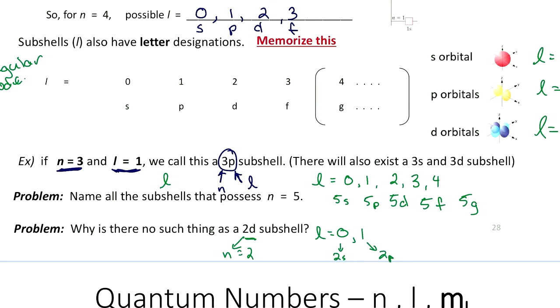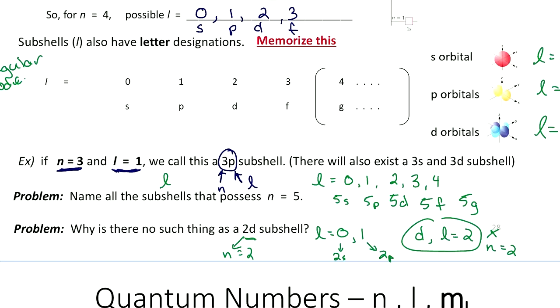That's it. The reason a 2D subshell does not exist is because D is related to L equals 2, and that's not possible for an n equals 2 electron, because of the rule that all the possible L values are all the integers up until n minus 1.